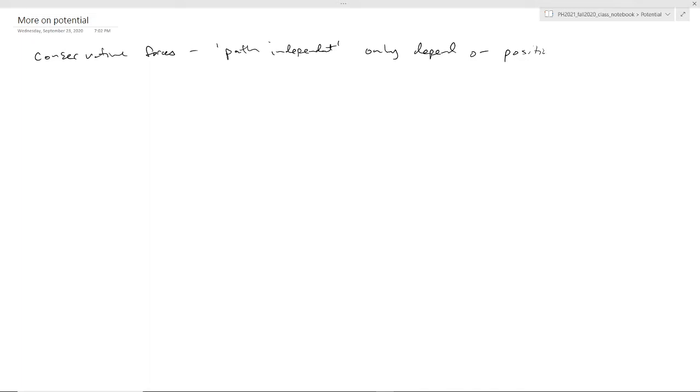Of which, gravity was the one that we worked with in 2011, and the electric force that we're talking about now is the same animal. With these kinds of forces, a change in potential energy will be equal to the negative work done by a conservative force.